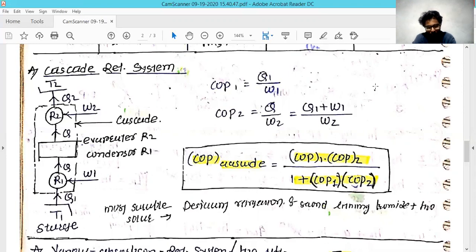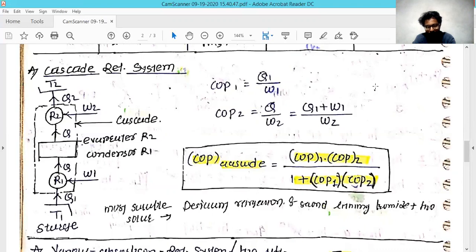And if you want to find out the combined coefficient of performance of these two, you have to find out the coefficient of performance of the first refrigerator. In the first refrigerator, the coefficient of performance is going to be Q1, which we are taking from the storage, divided by the work we added in that compressor.